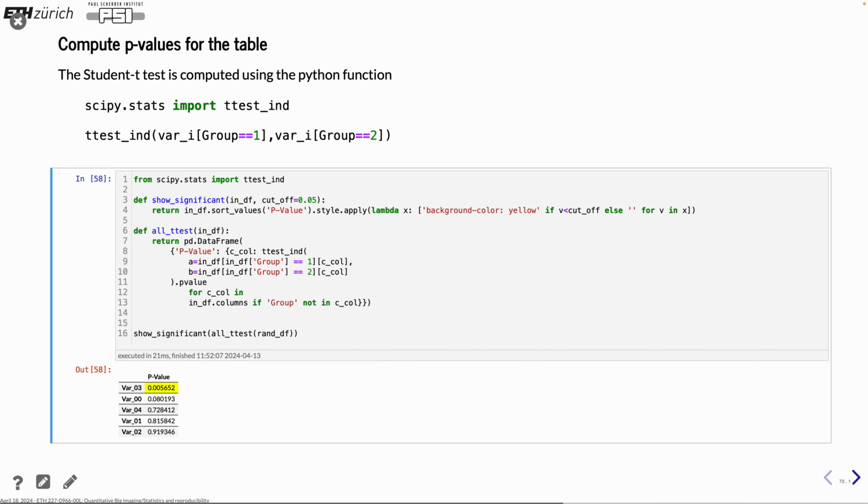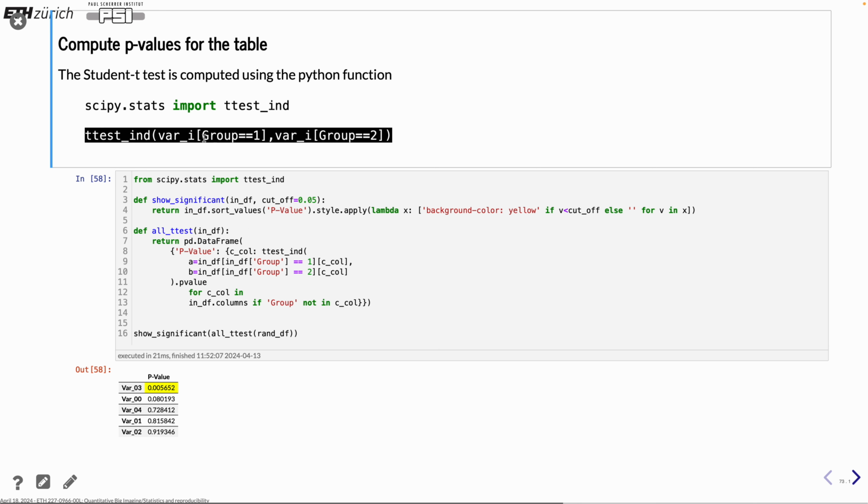For that we need to run the t-test, and here is the function for doing this. We have variable i, that is the one we are currently investigating, and the group is equal to 1 or group is equal to 2.